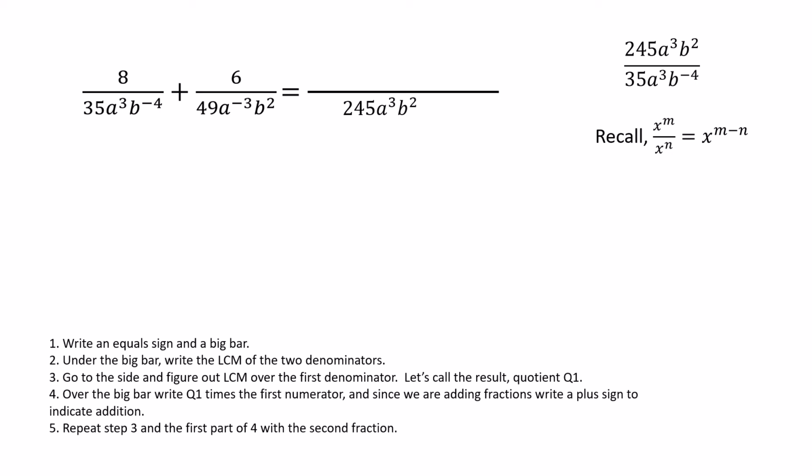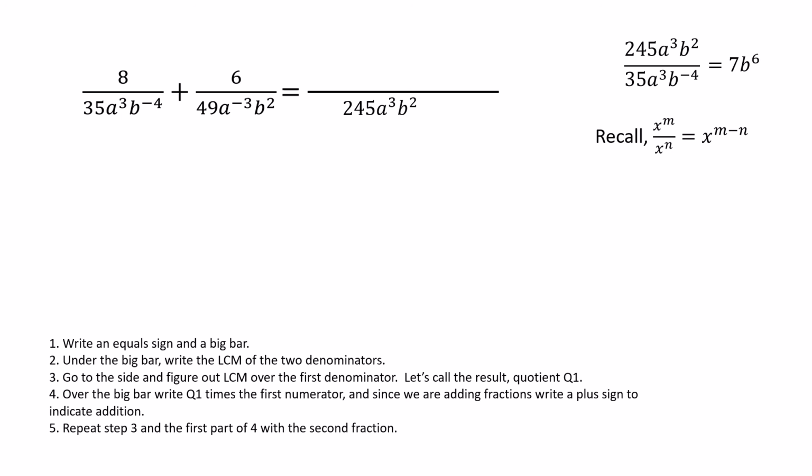So that means b square over b to the negative 4 would be b to the 2 minus negative 4, which is b to the 2 plus 4, and 2 plus 4 is 6, so we get b to the 6. So eventually, this quotient is just simply 7 times b to the 6.